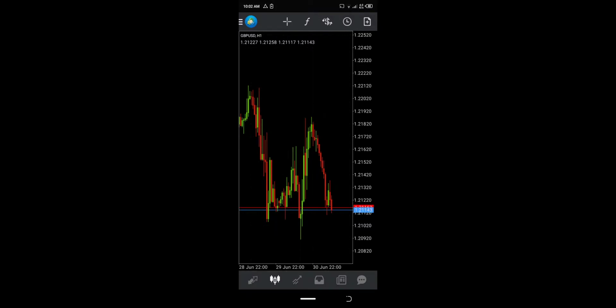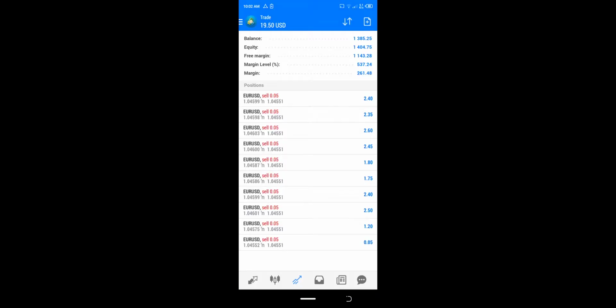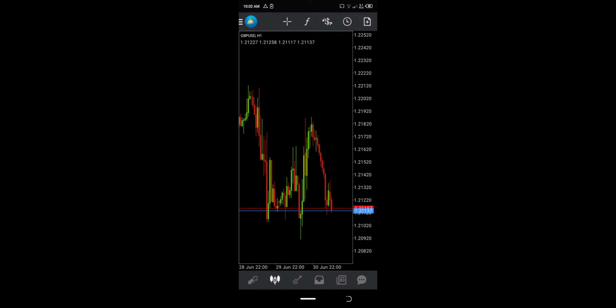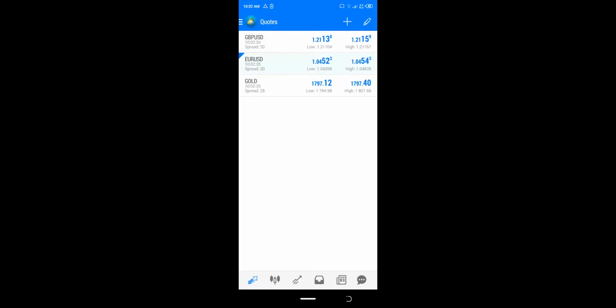I also see some nice formation forming up here.